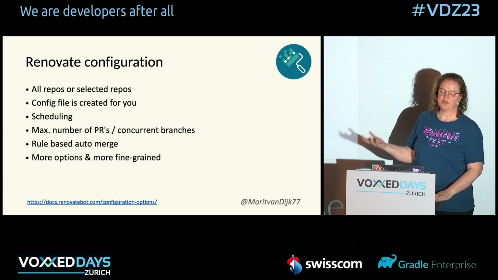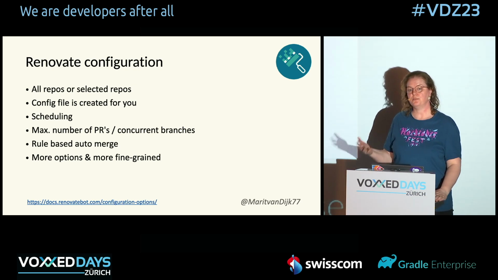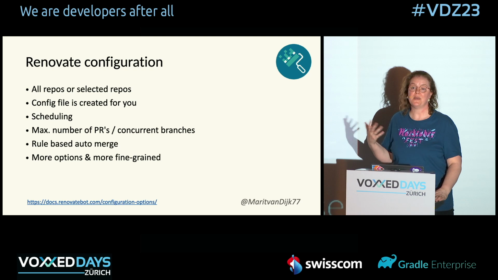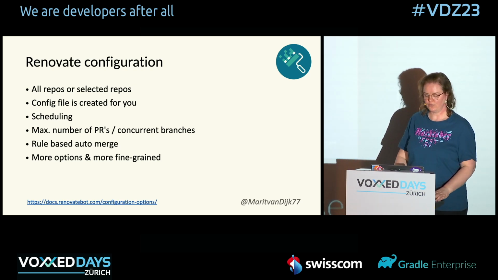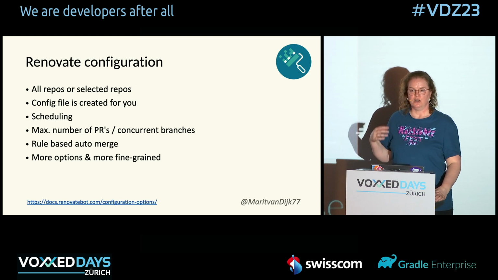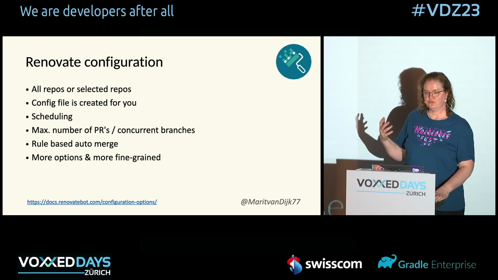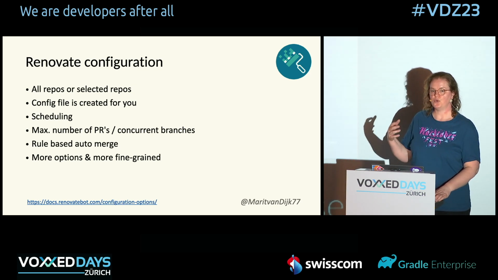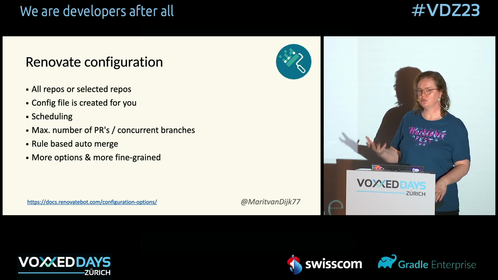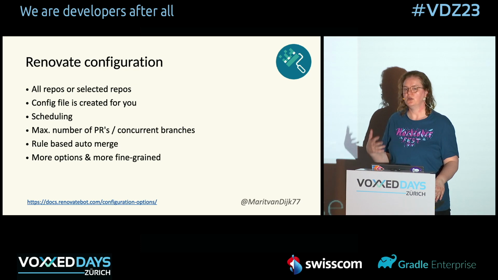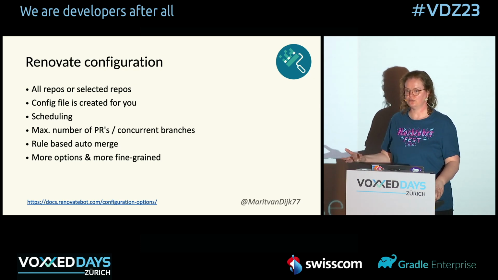You can provide it with scheduling. You can set the maximum number of PRs, but also a maximum number of concurrent branches if you want to make sure to not get overwhelmed with too many PRs. You can also set rules for auto-merging. So for any updates that you would merge without even looking at them, you can tell Renovate to just merge those.